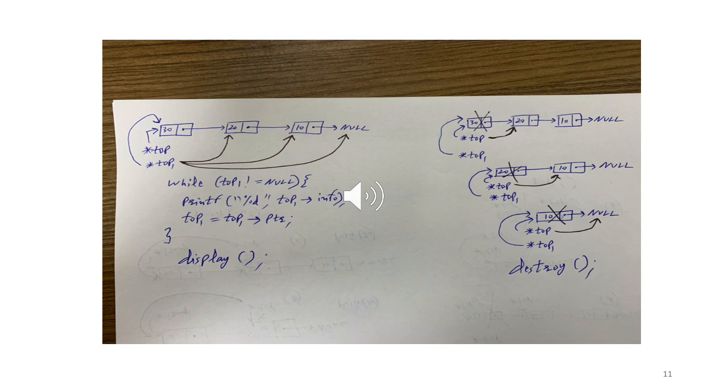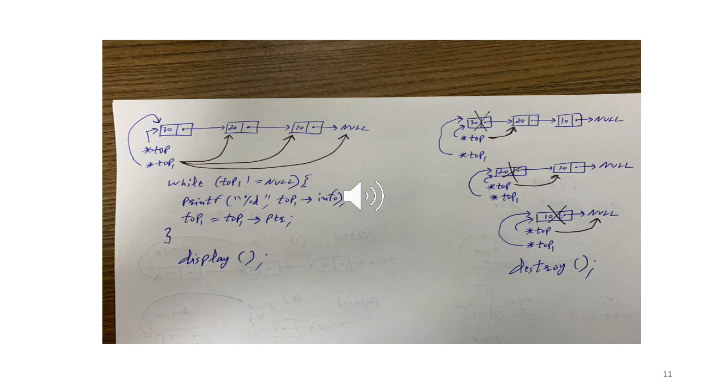Okay. So this picture shows us initially we have top, right? So start with top pointing to the node with the info 30. So let's see, we call display. Now because we don't want to change the top value, we'll need the help of another pointer, which in this case is top 1.